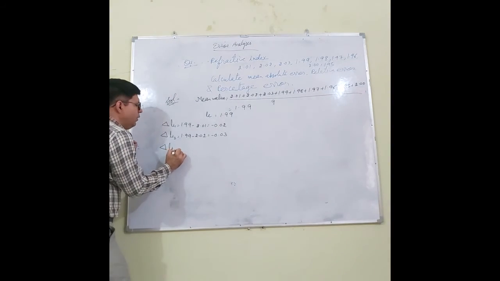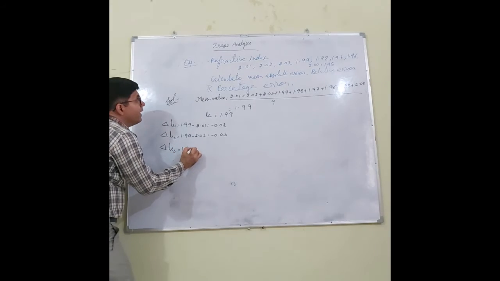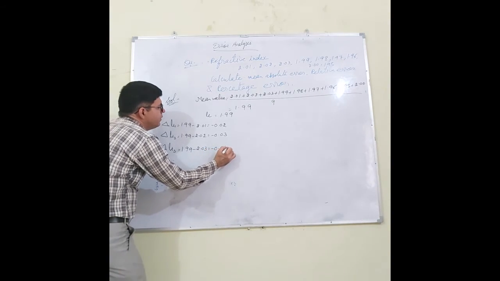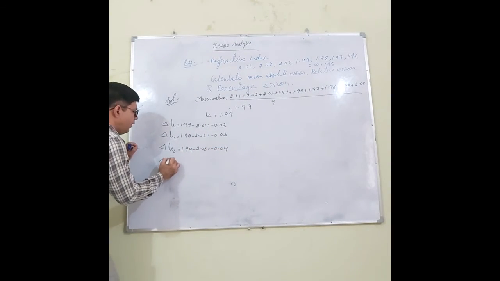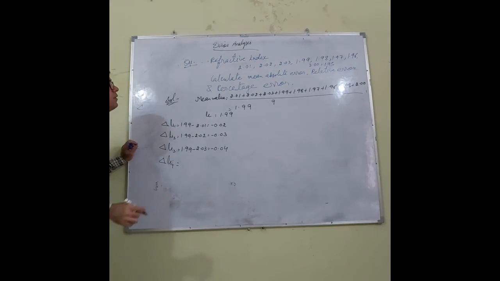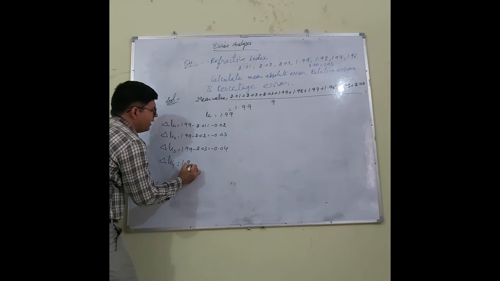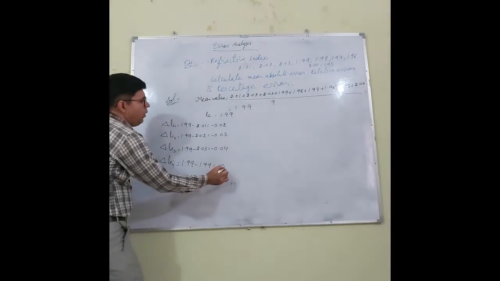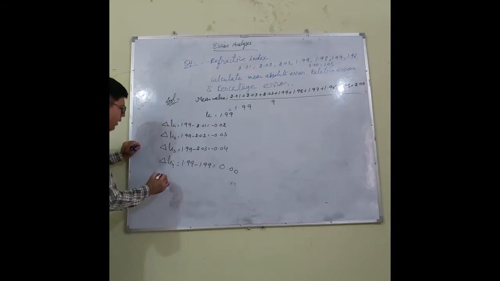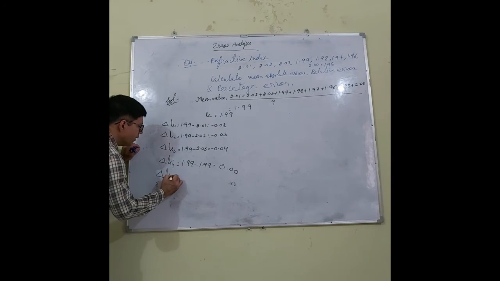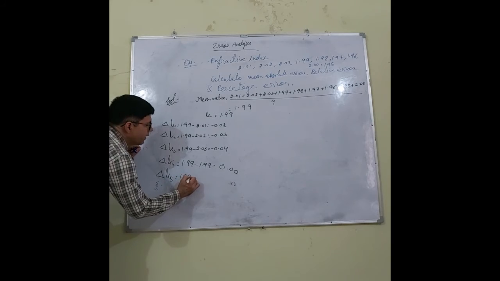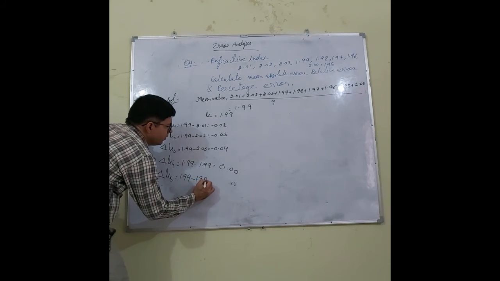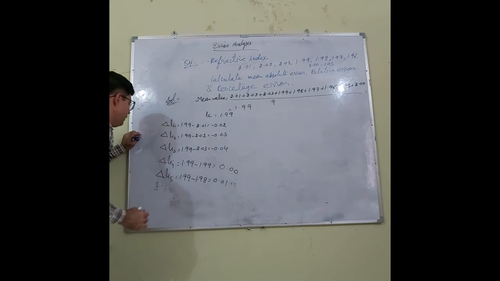In the third value, 1.99 minus 2.03 is minus 0.04. In the fourth, 1.99 minus 1.99 is 0.00. And in the fifth, 1.99 minus 1.98, it is 0.01.